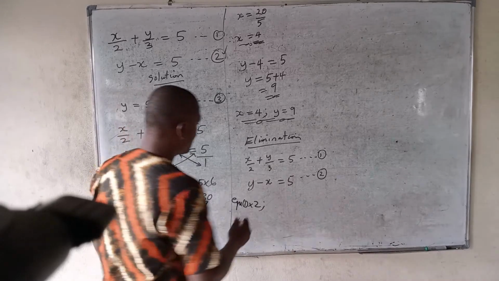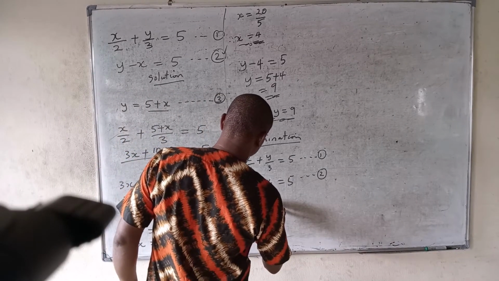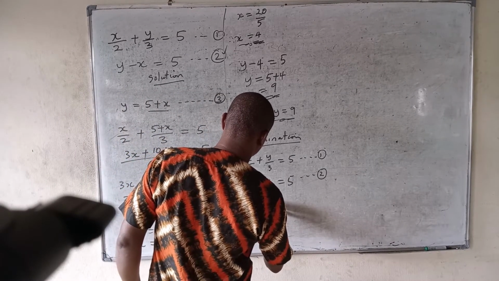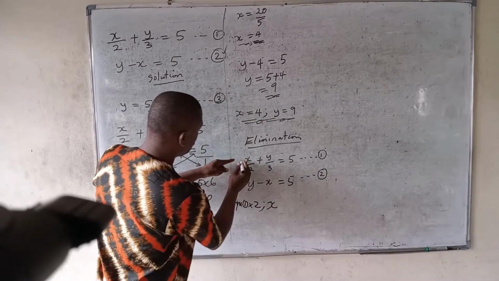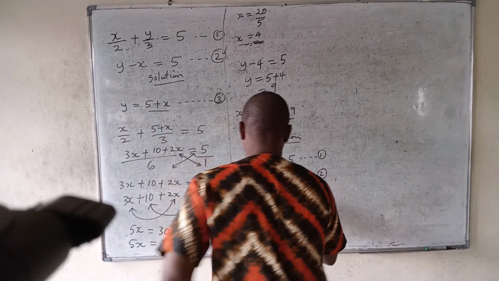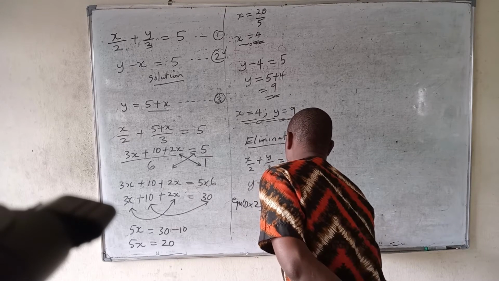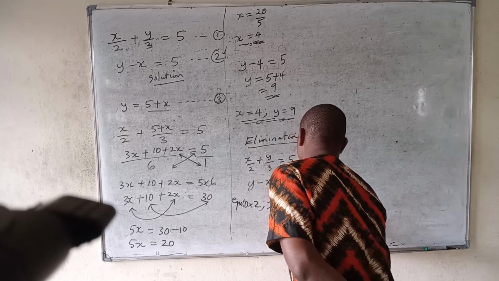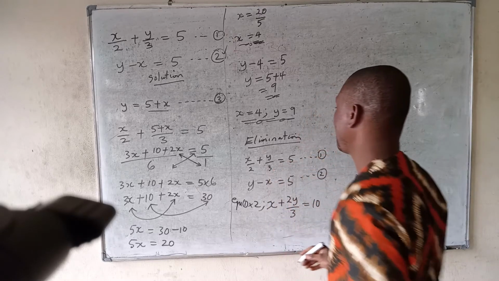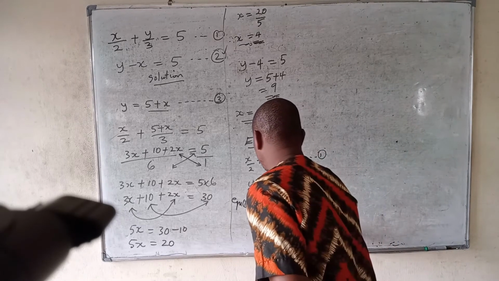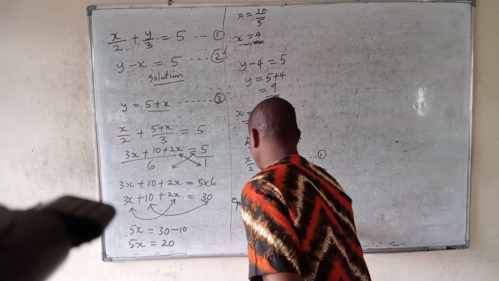If you do that, you will have x, 2 will cancel 2, so you have x plus 2y over 3 is equal to 10. In equation 2, you leave it like that.